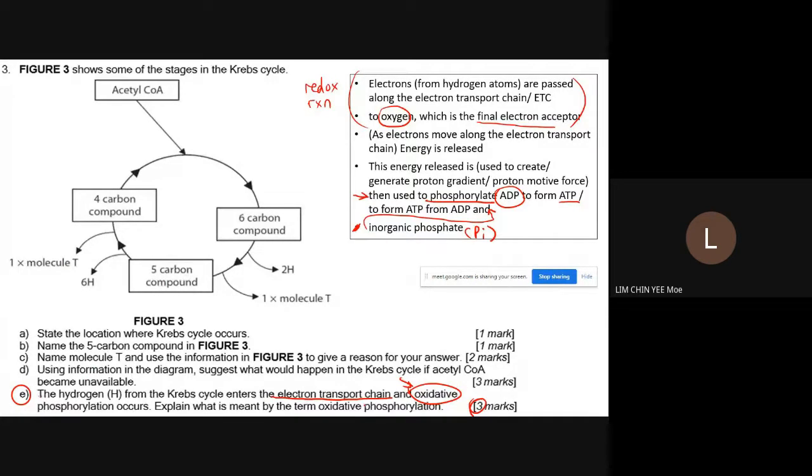You kena bagi tahu dulu apa berlaku semasa phosphorylation untuk buat ATP, dan you kaitkan redox reaction ini buat apa, redox reaction ini buat energy released, which is used to create the difference in concentration of protons, the proton gradient. Dah ada proton gradient, barulah dia boleh tolong untuk form ATP from ADP and inorganic phosphate. Ngam-ngam 3 markah. Okay?